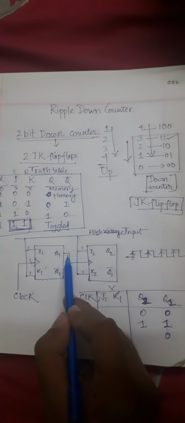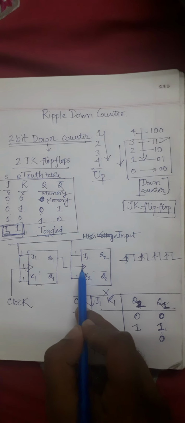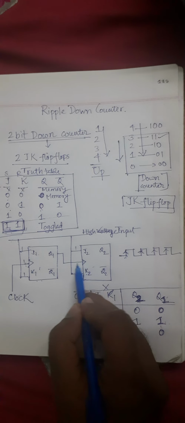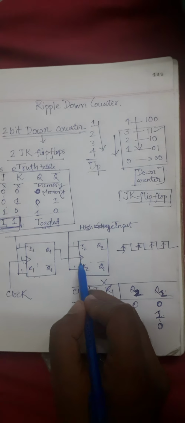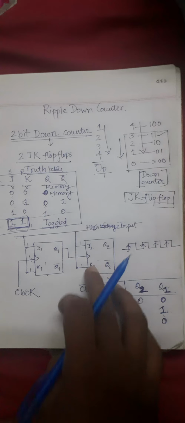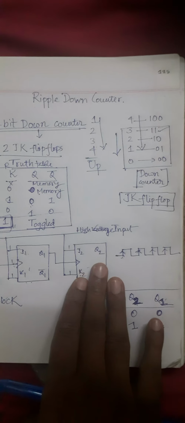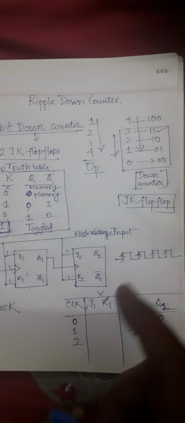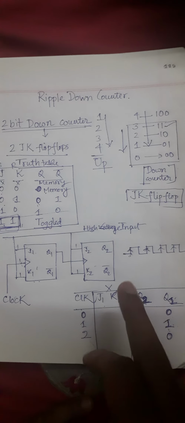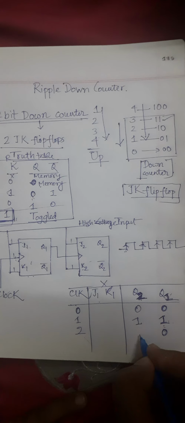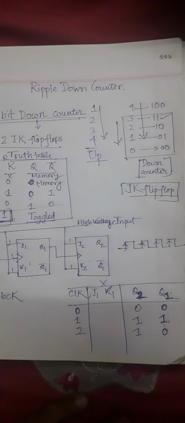Now this 0 travels along this path and comes to this clock. As 0 is provided to the clock of the second flip-flop, it won't get triggered this time, and as a result the value that was stored before will remain as it is. So previously we had a value of 1, still we will have a value of 1.